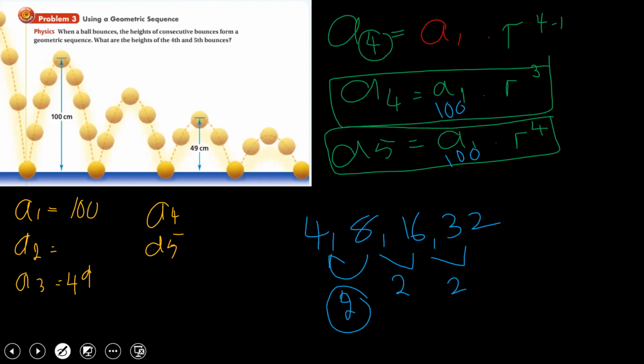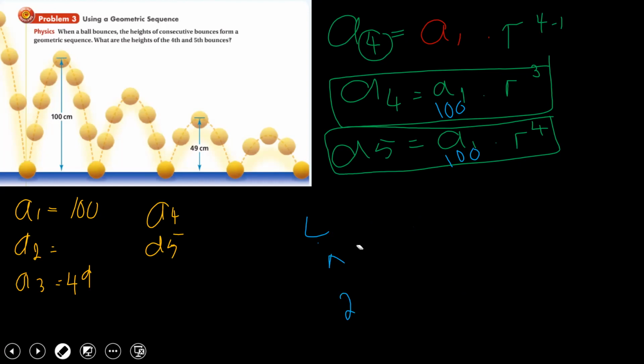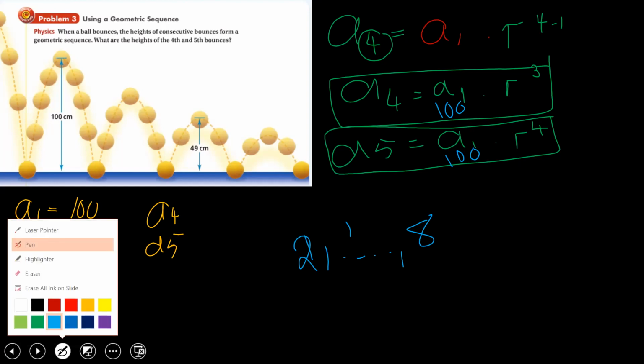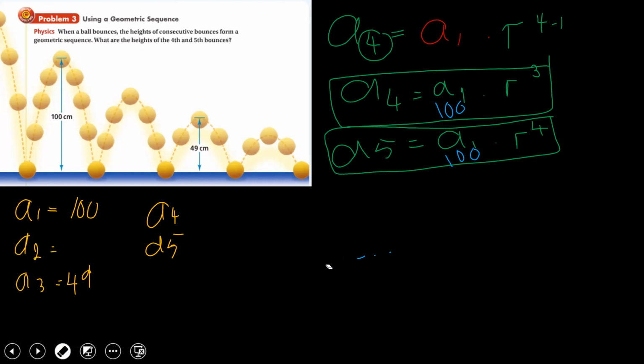But here, there are no two terms that are consecutive. It's like this: 2, nothing here, then 8. From here, how can I find what r will be? I cannot find r directly.